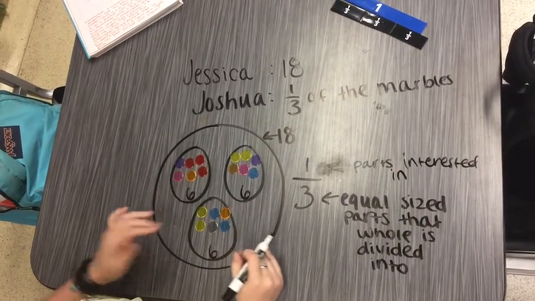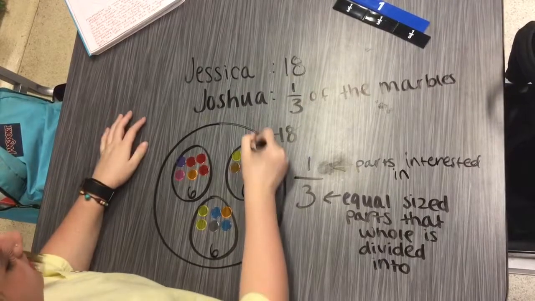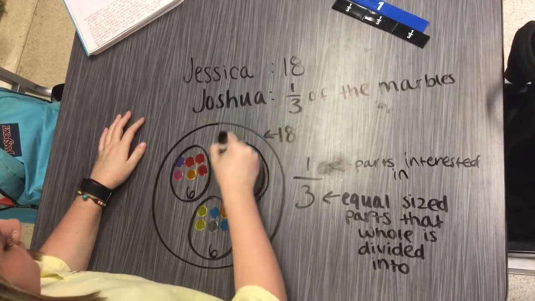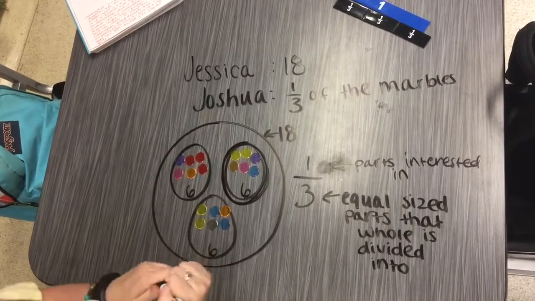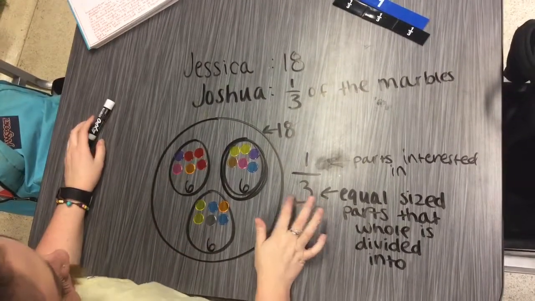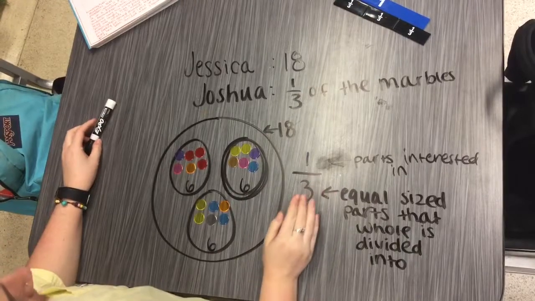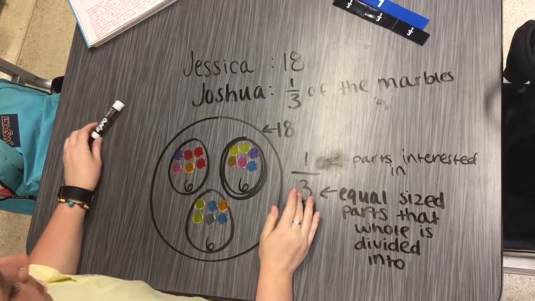So if we have 3 equal-sized parts, we are only going to be interested in one of those parts. So if this is one of our 3 parts, we can count how many counters are in this one part, and that will give us how many marbles Joshua has.